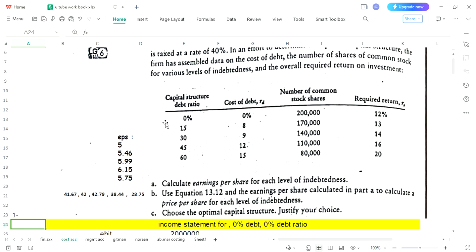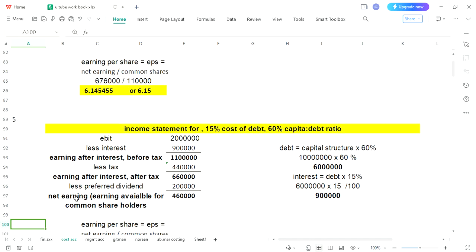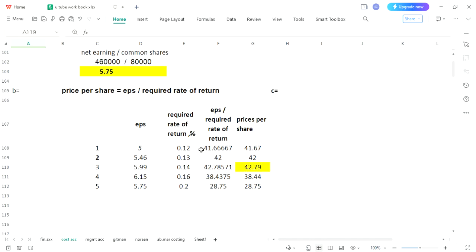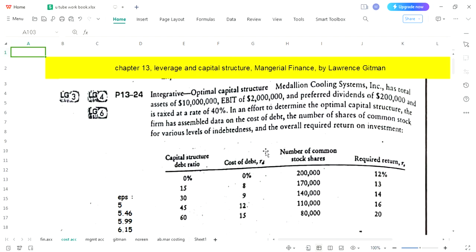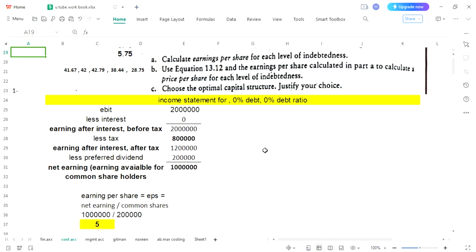First part reviewed, answers are matched. Then for second B part we were having 41.67, this was first. And then for second part we were having 42, this is 42.